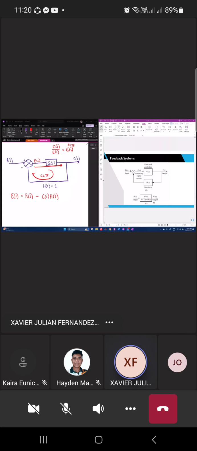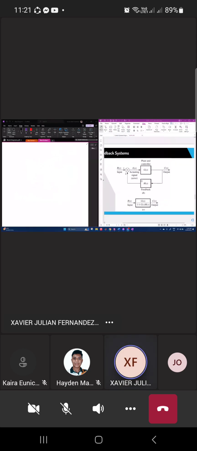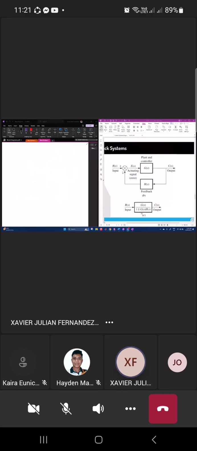Okay? And how do we get the total transfer function? What is C of S over R of S? Let's prove that. How did we come up with this figure?